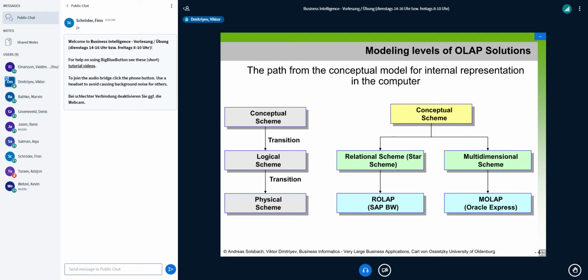And today we are going to go a little bit deeper in order to understand what other choices could exist when you deal with the database on the physical level. So basically, nowadays you have multiple types of databases that could be underneath the BI solution.